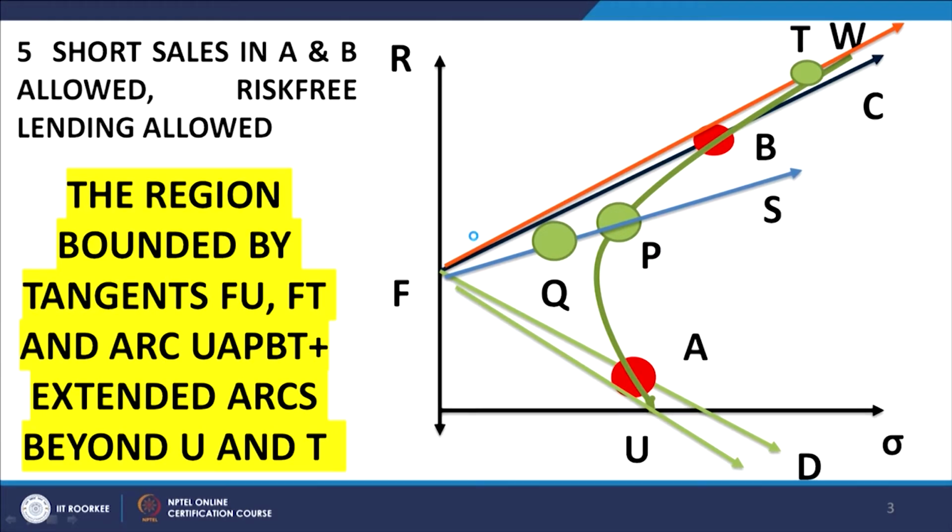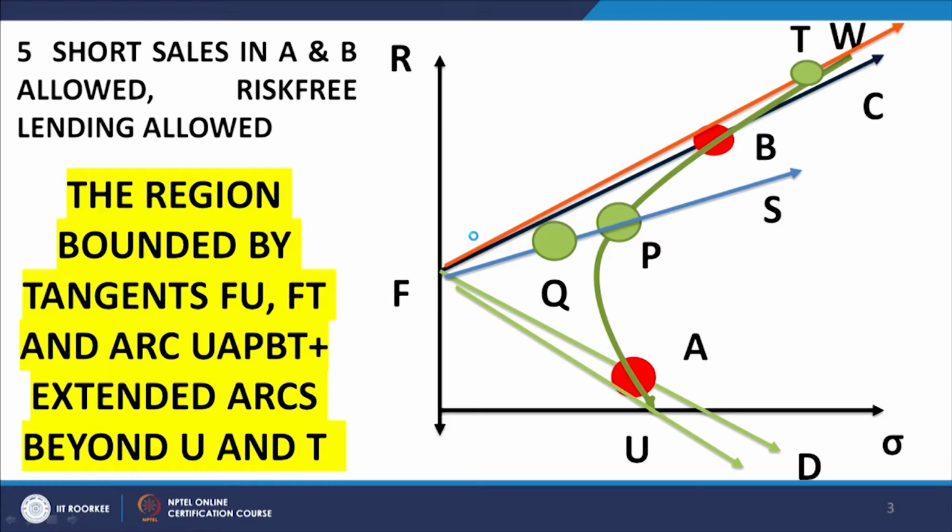So, if you extend the arc of the hyperbola along the hyperbolic arc beyond B, that is along T and then W, these would be parts of the portfolio possibilities region. And similarly, in the case of A, anything beyond A along the hyperbolic arc would also form part of admissible regions.